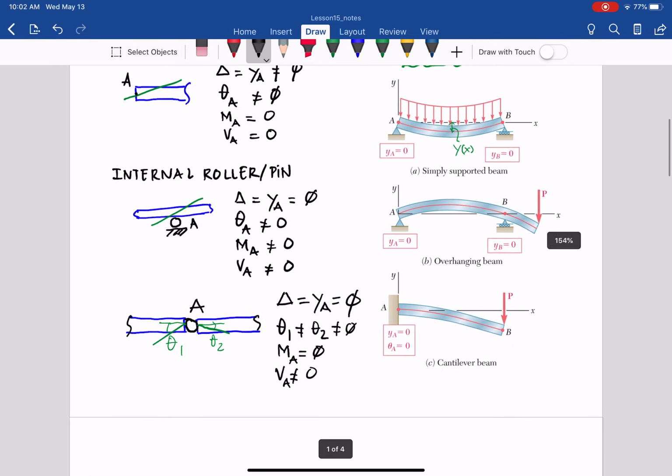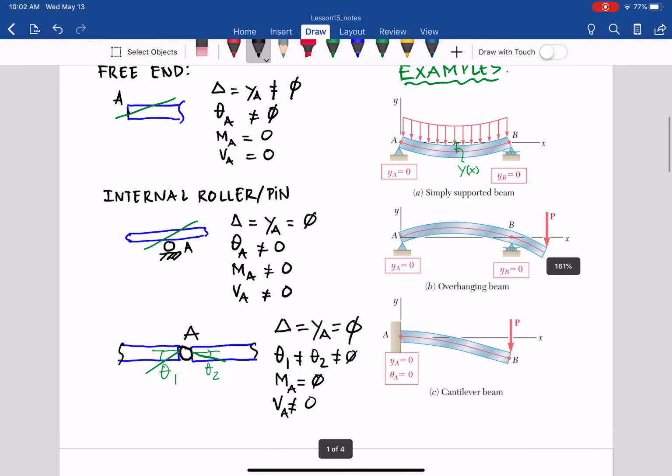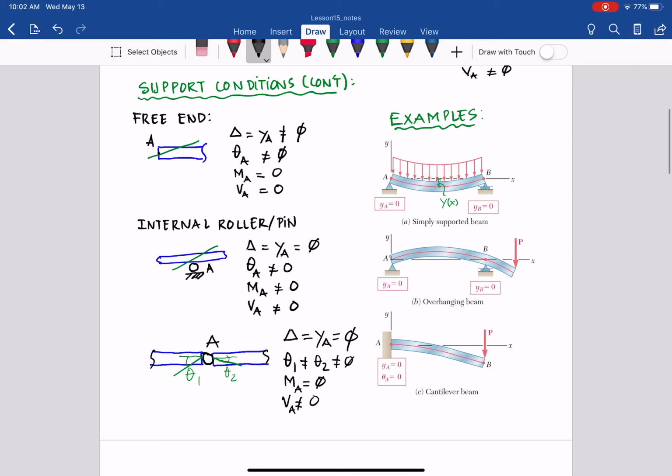So those are the examples that you will see based on applying the support conditions we have.